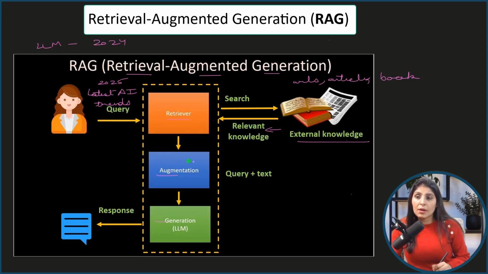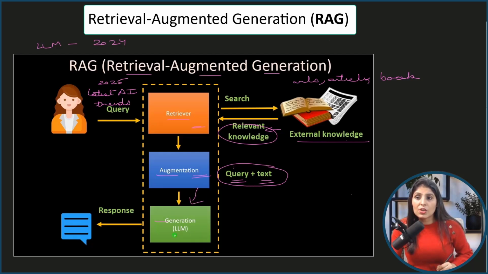Now in the next step, augmentation, what is the query the user asked? The user asked latest AI trend. So this question and the relevant information which the retriever fetched, we are joining them. These two things will go to the next step, which is generation. In generation, we have our standard LLM, right?